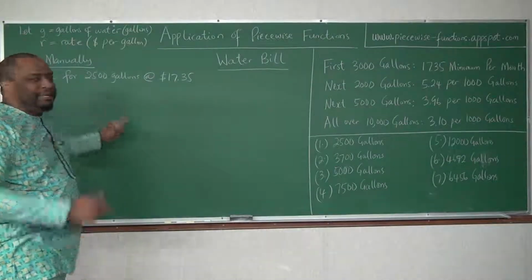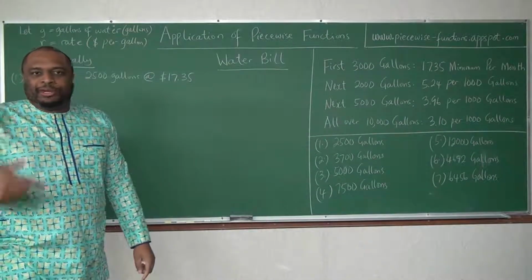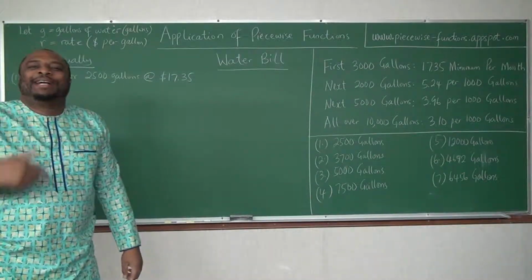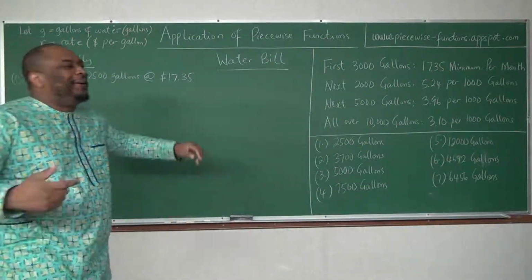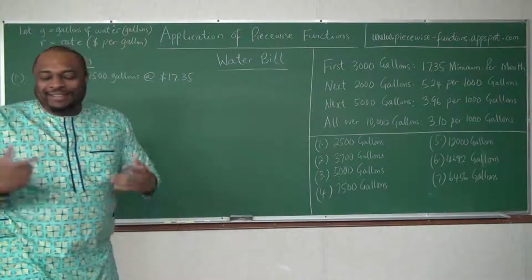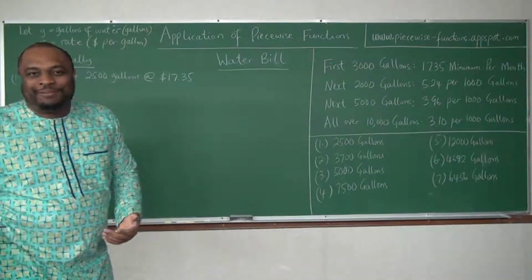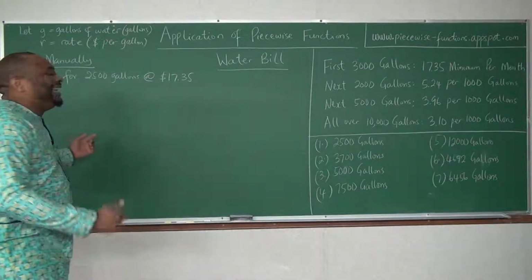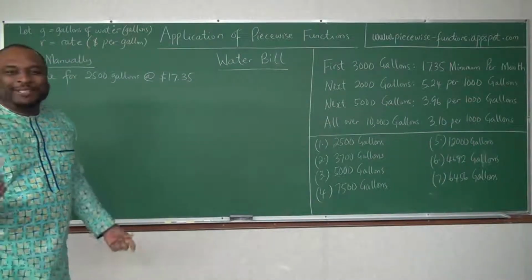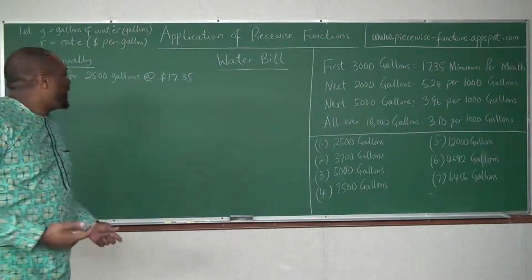I'm talking like from America, 2,500. Some people will say it differently, Nigeria will say 2,500 gallons, America will say 2,500 gallons. It's the same thing, okay? Because some people will be saying, what is this guy saying?